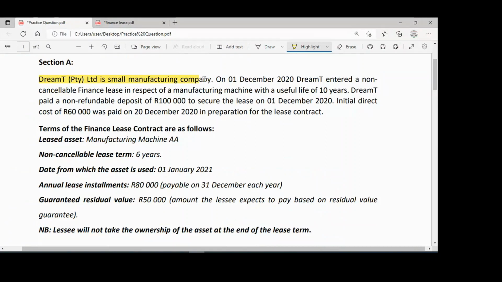On the 1st of December 2020, Dream entered a non-cancelable finance lease in respect of a manufacturing machine with a useful life of 10 years. So we now know this machine has a useful life of 10 years, which means it will depreciate over a period of 10 years.